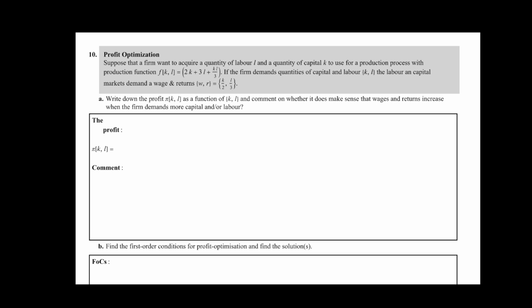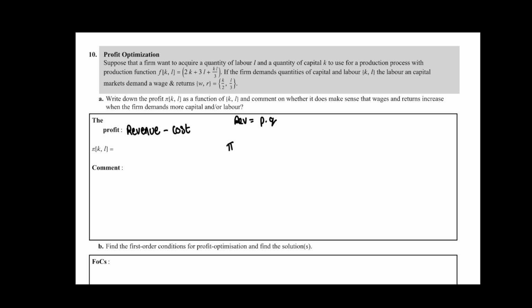Okay, profit is worked out by doing revenue minus cost. To work out revenue, we do price times quantity. We have the quantity, that would be our production function. Price, we do not know, so we're going to assume the price is equal to 1.